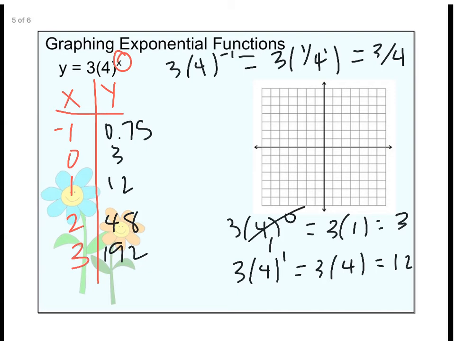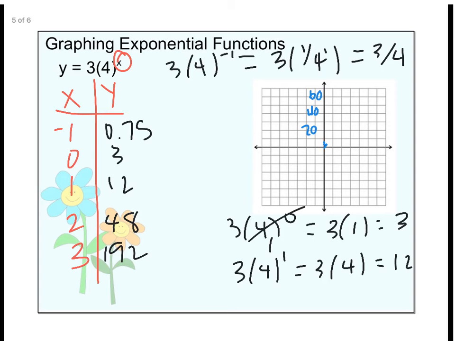All I have to do from here is graph. If I were going to graph this, what I would probably do is actually go up by tens on my y-axis to make it a little bit easier. So, for example, this would be 20, and then 40, and then 60 instead. And now I can go ahead and graph. So the 0, 3 is going to be hard for me to get right on here. Hopefully on your paper it's a little bit easier.